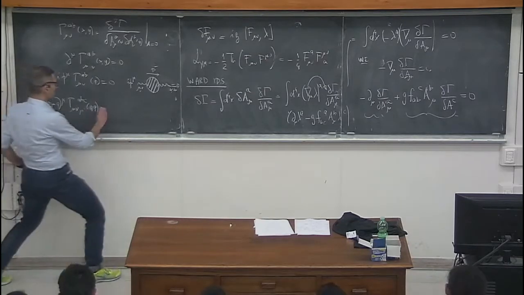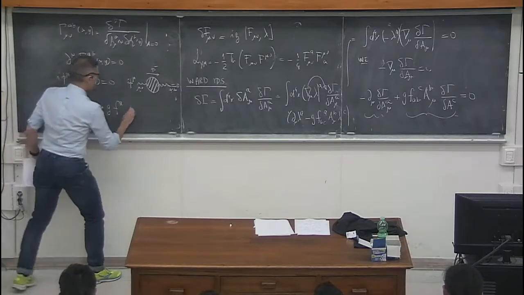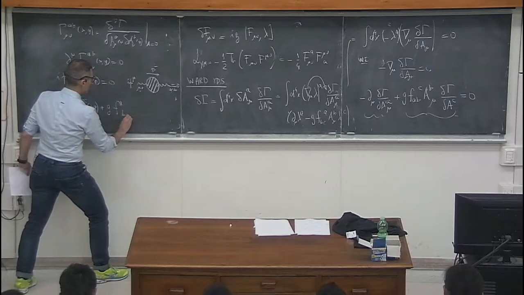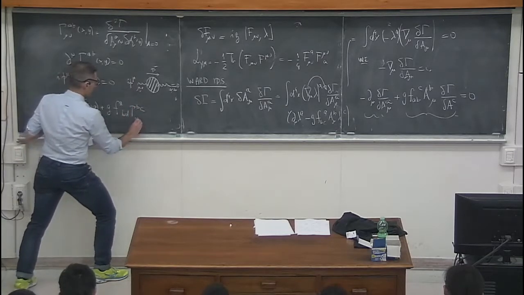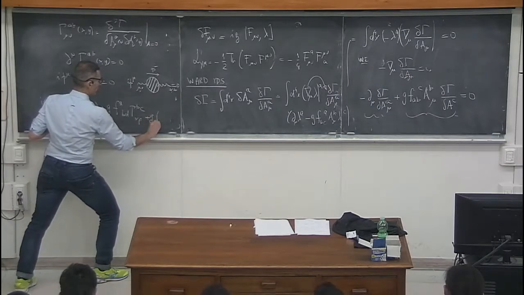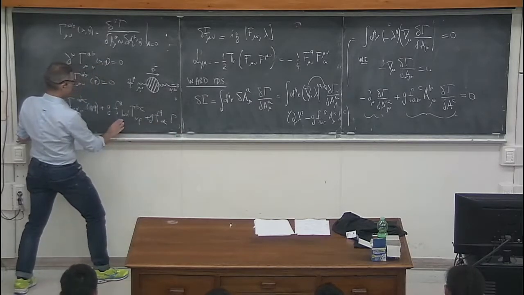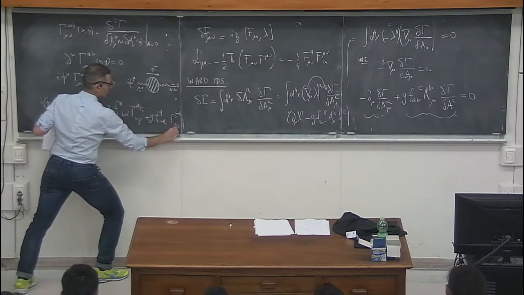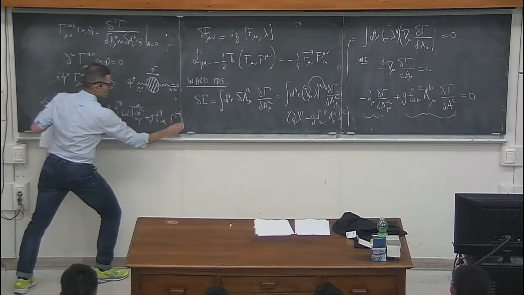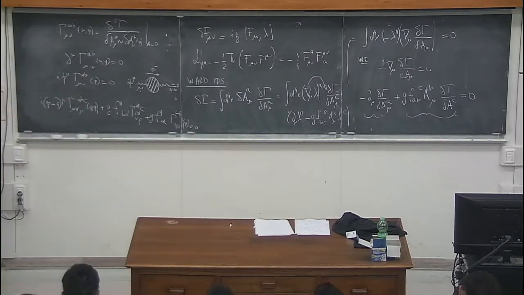And then I have pieces like plus g f^{abd} Γ^{bc}_{νρ}, plus g f^{adc}, sorry, it was d here, and Γ^{bd}_{νρ}. This is a function of p, and this is a function of q, and it is equal to 0.